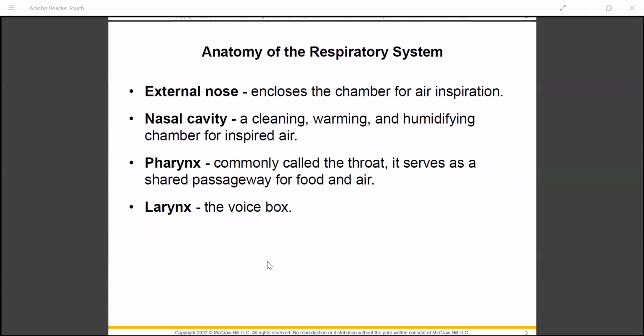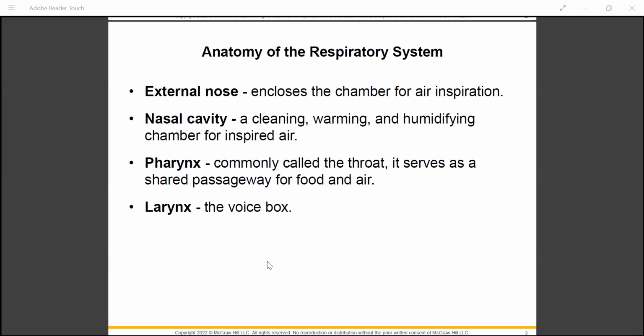So we're going to start with our upper respiratory system, or upper respiratory tract. We start with the external nose, which contains or starts the nasal cavity. That includes our nares, which is the fancy word for our nostrils. The nasal septum runs down the midline of the nose and separates our right and left nares.